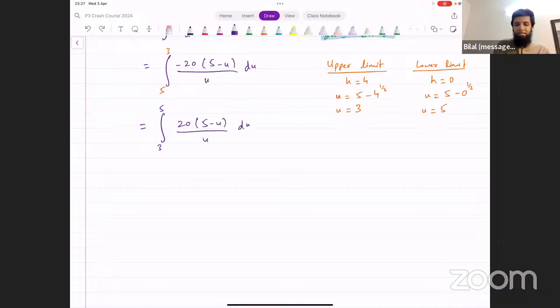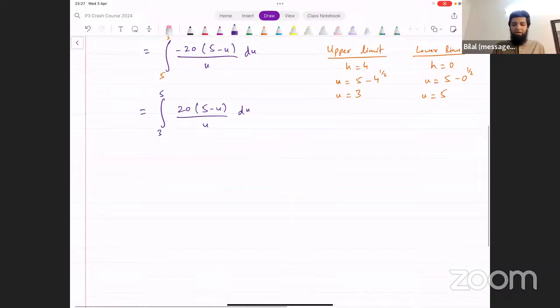So this minus sign gets eliminated. If you multiply the integral with -1, the limits can be interchanged. The upper limit and the lower limit, they can be switched like this. Okay. And now you just integrate it like you would normally do, input the limits, and you get the result.